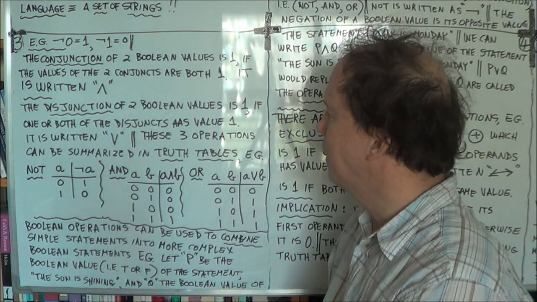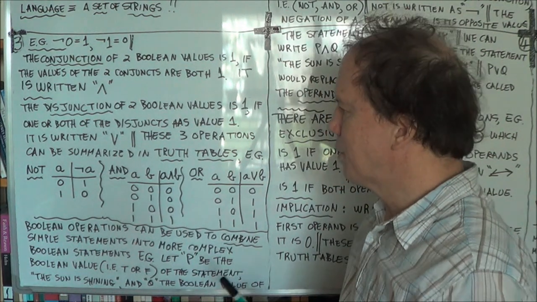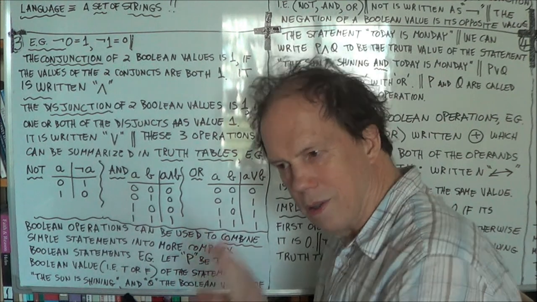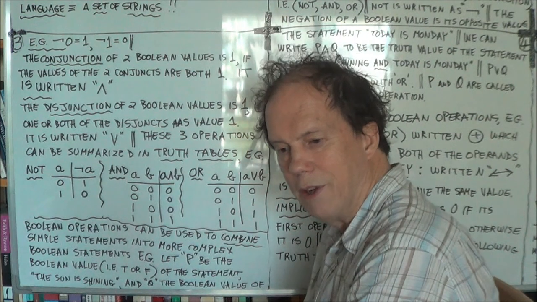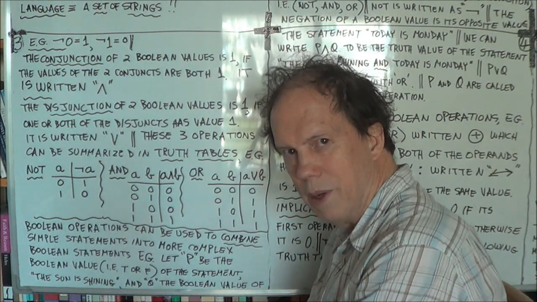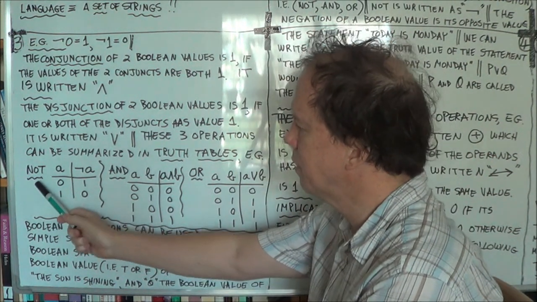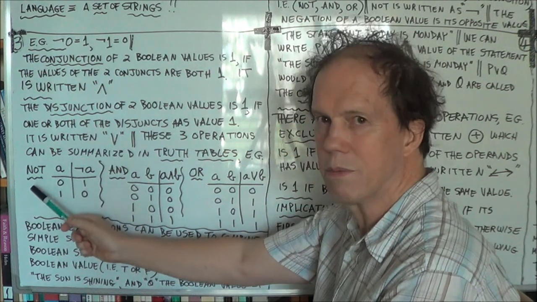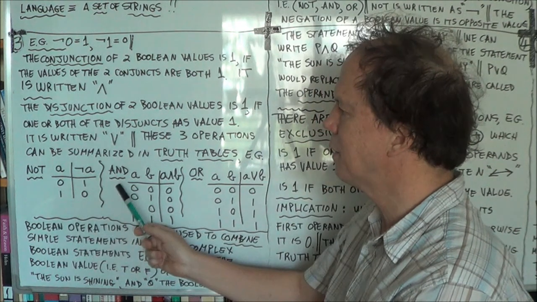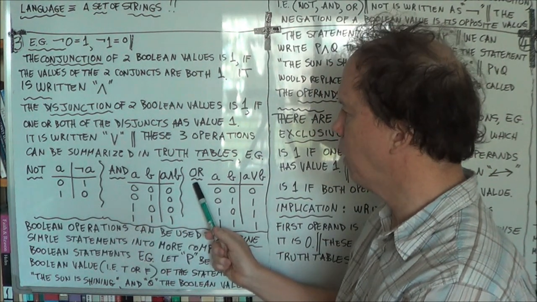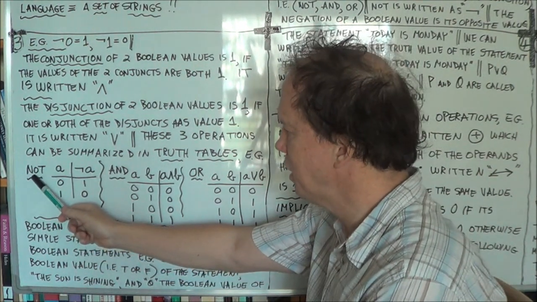Now I introduce the concept of truth table, which sort of summarizes what I've been saying in the form of a short table of what the allowed values are when you combine Boolean variables. Now there are three truth tables, three cases, or three operations. There's the not operation, there's the and operation, and the or operation. Or if you want the longer term, negation, is that right?